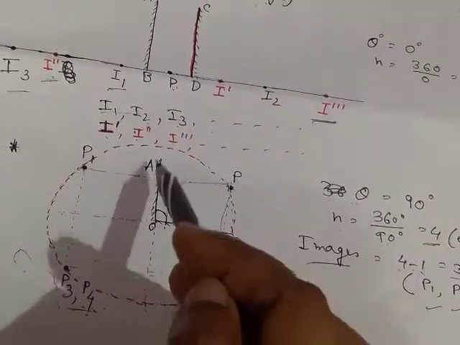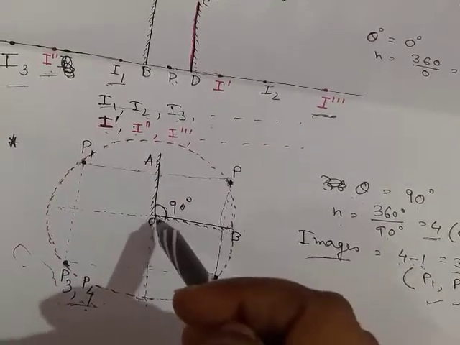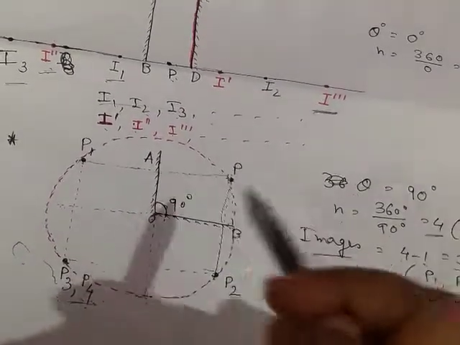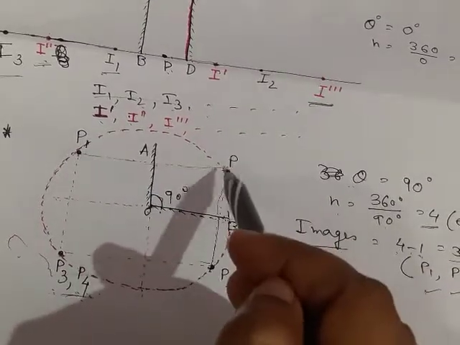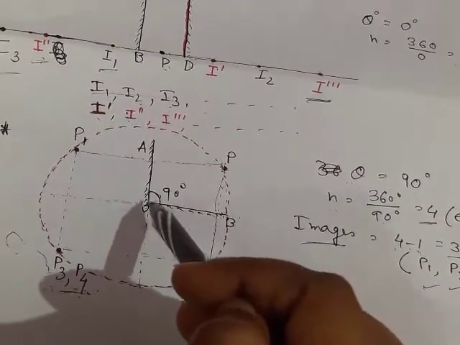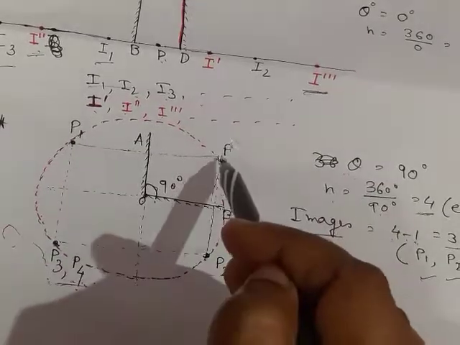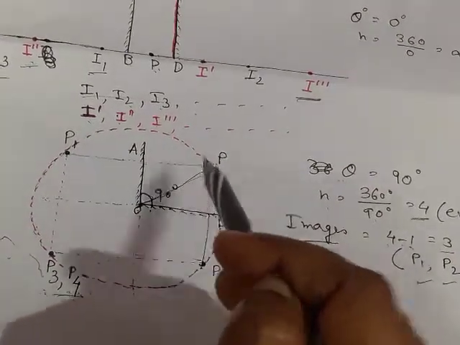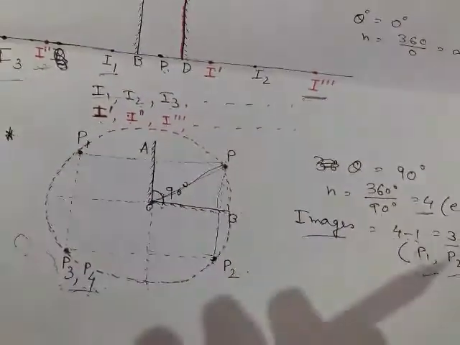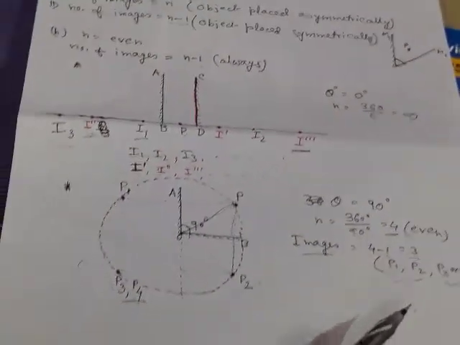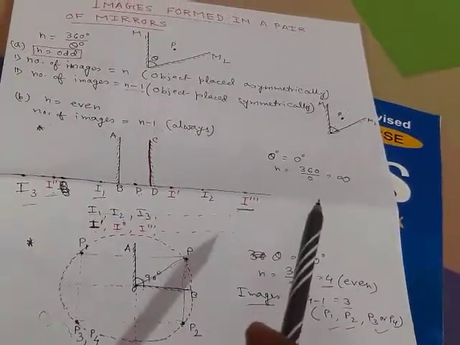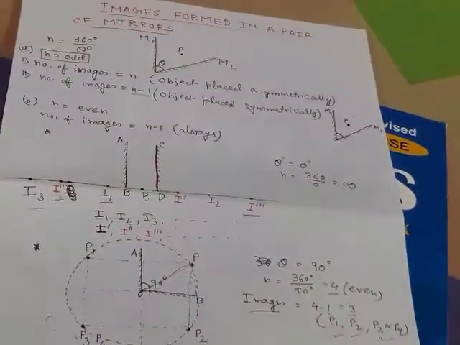Here the two mirrors are OA and OB, the intersecting point is O. So this is the center of this circle, and if you join the intersecting point and the object, that is OP, OP here is the radius of the circle. So these are the images formed by reflection from two mirrors.